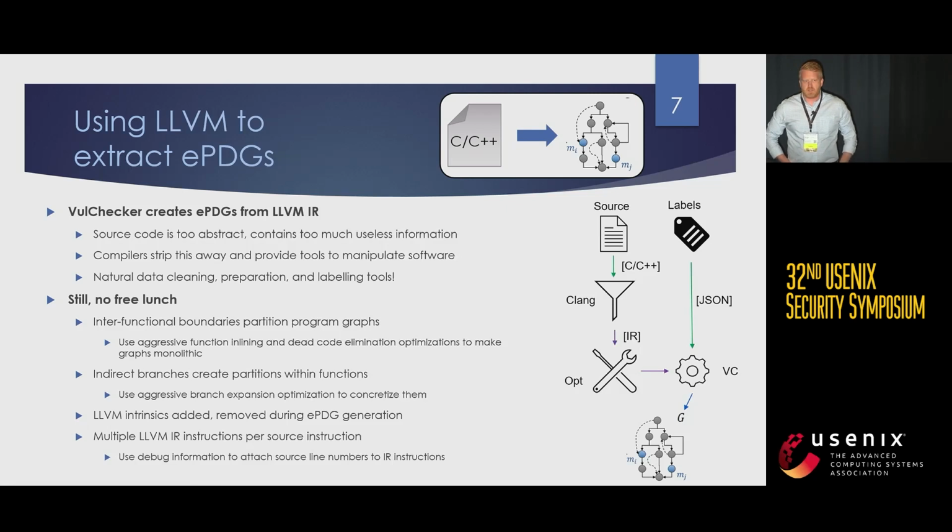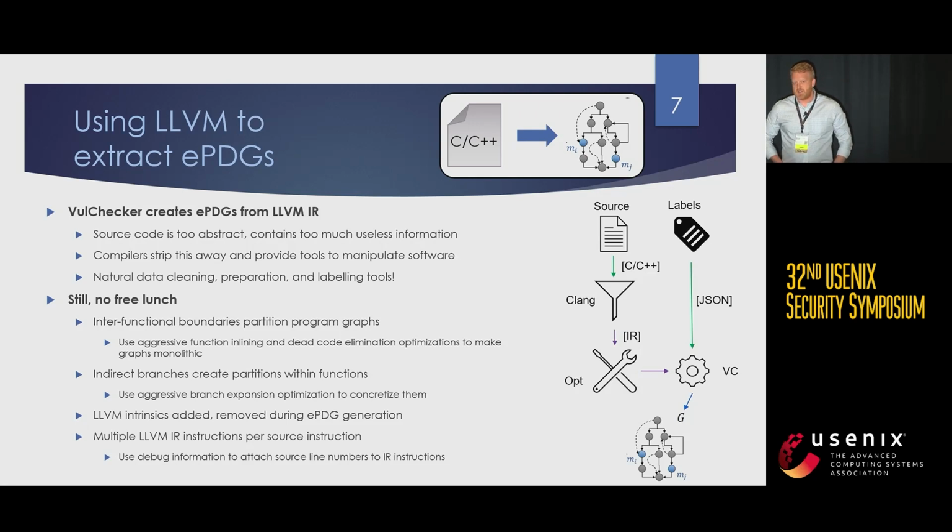But I want to be clear, there's still a tremendous amount of engineering effort that we had to employ in order to get these PDGs generated from LLVM IR to function well with machine learning. First, indirection and interprocedural boundaries within programs create what are called partitioned graphs, where chunks of nodes are not connected to each other.